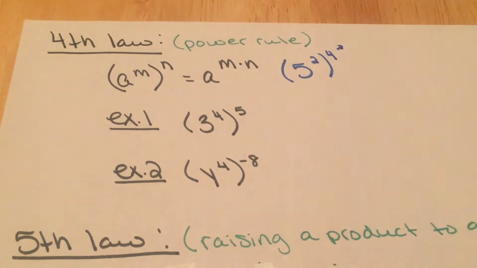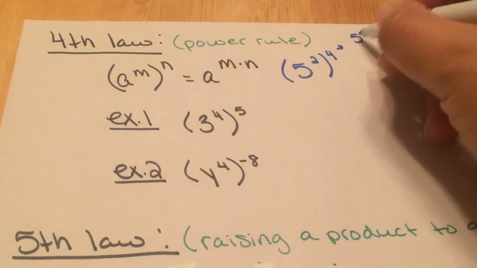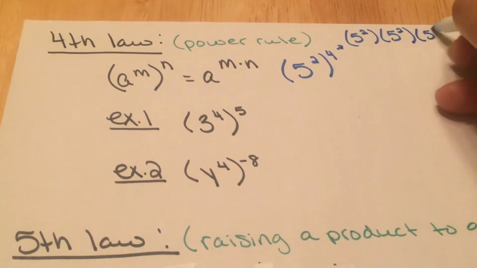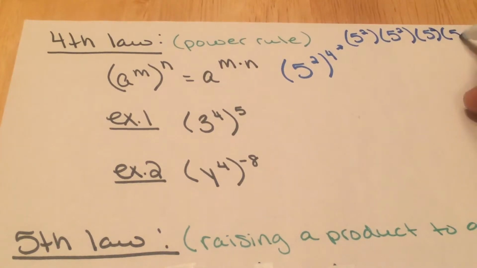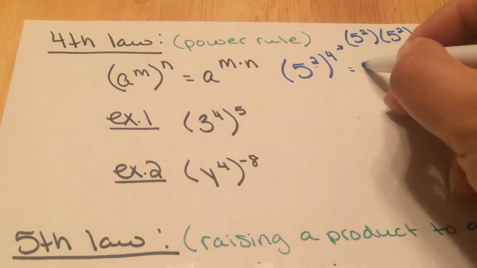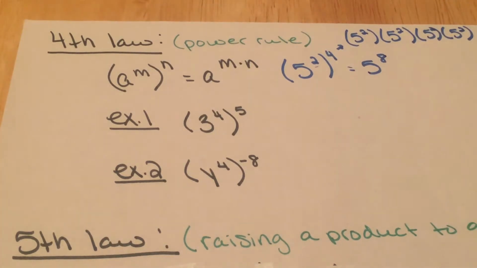We know because of our prior knowledge with powers that this really means 5 to the 2nd times 5 to the 2nd times 5 to the 2nd times 5 to the 2nd, or 5 to the 2nd 4 times. But we don't want to have to go through and multiply all that. So all we really have to do is multiply our two exponents, and this is really 5 to the 8th power. Pretty easy, right?